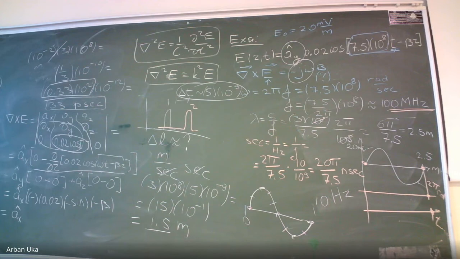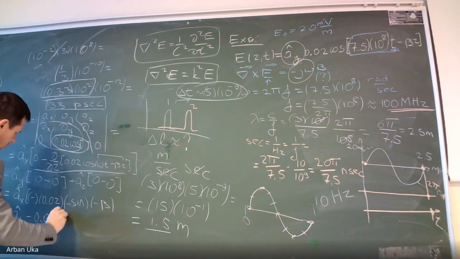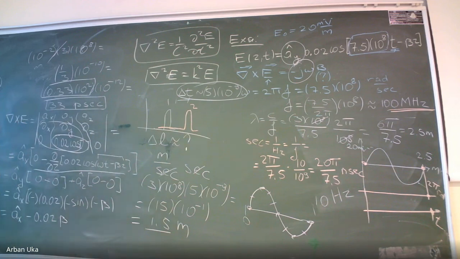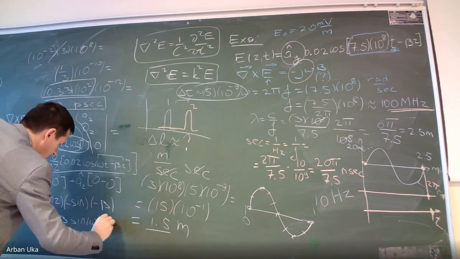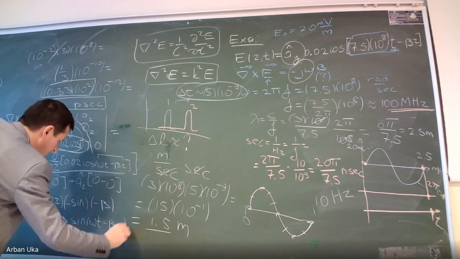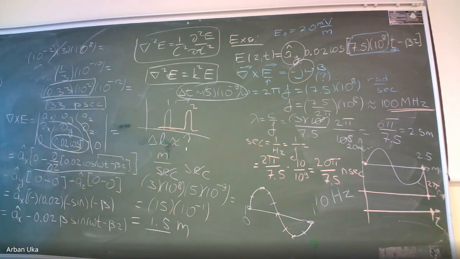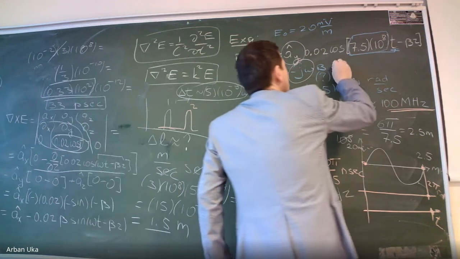So this becomes minus 0.02 beta times sine of omega t minus beta z. Okay, so this is the curl of E. So we can write this one right here. So this is going to be equal.